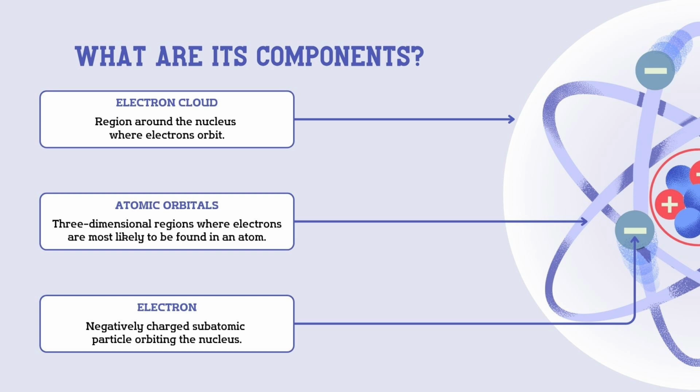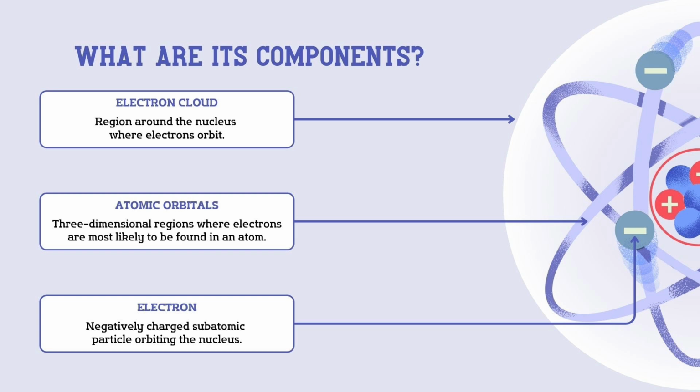First, we have the electron cloud. This isn't a literal cloud, of course, but a region surrounding the nucleus where electrons are most likely to be found. Electrons don't orbit the nucleus in neat circular paths as depicted in older models. Their behavior is more probabilistic, described by quantum mechanics.